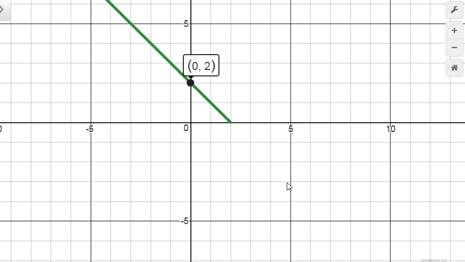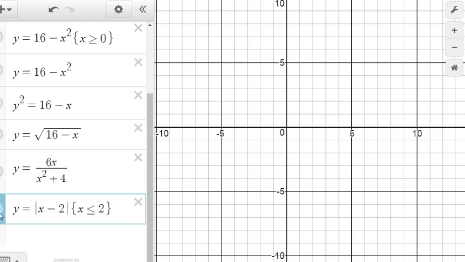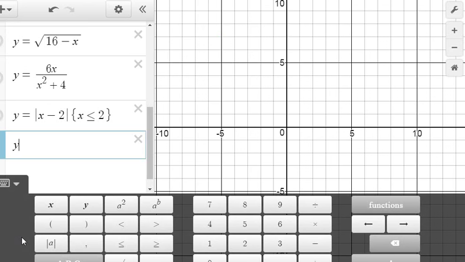But there's one tiny thing that we have to take care of. We have to make a restriction on this so that it satisfies the domain. If we were to look back at the graph, let me shut off this graph. y equals minus x plus 2.